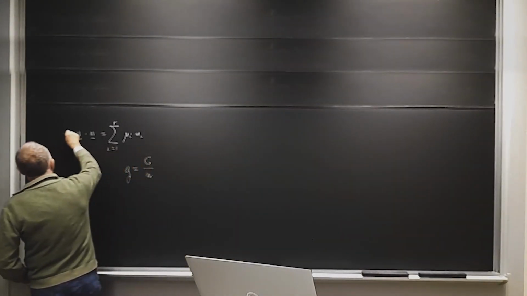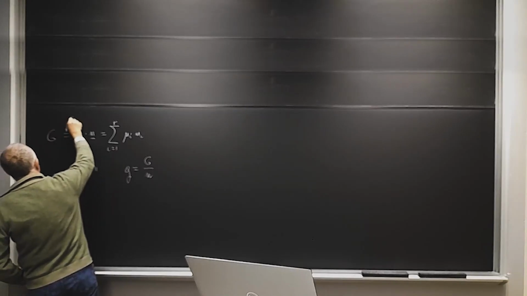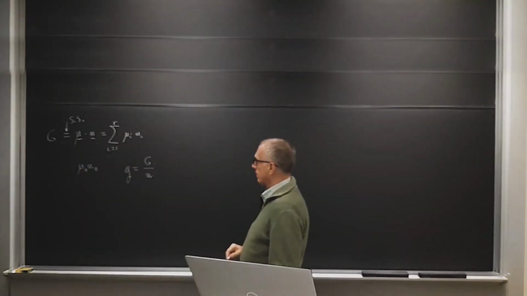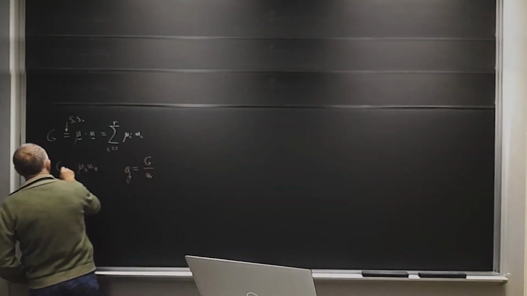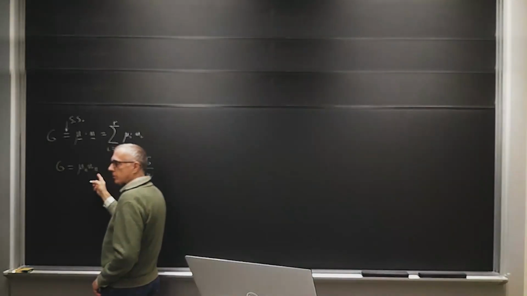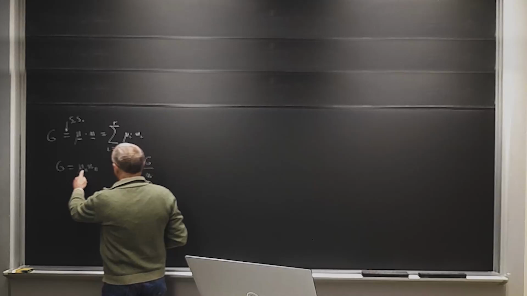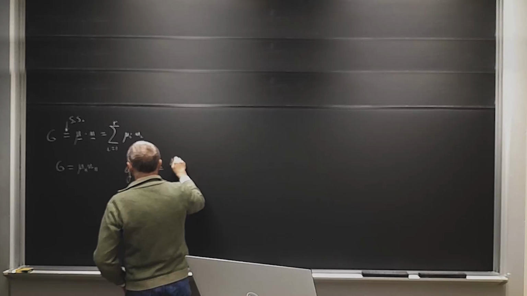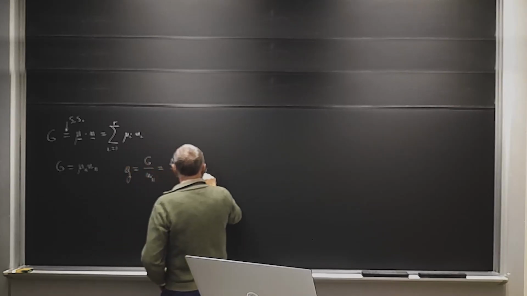Now, in the simple system model for a mixture, G is equal to that summation. When you have only one, that summation becomes just one term, and therefore you see that if you take G, so it's mu 1 1 and N 1 1 divided by N 1 1, so that's mu.